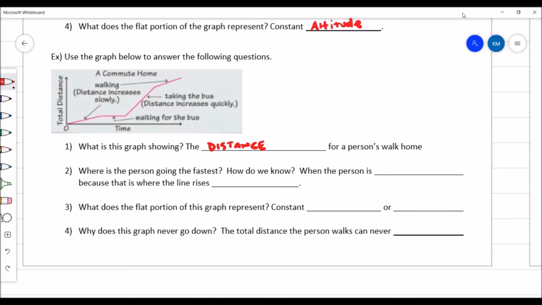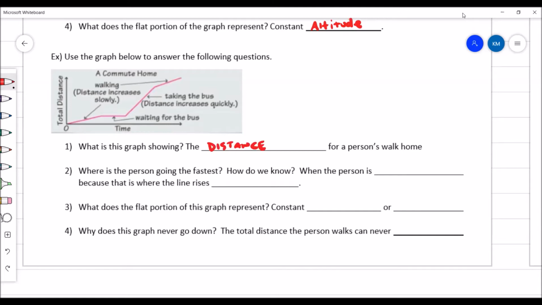Okay, so as we look at this graph, again, it's not really measuring speed. So we can't just say it's going the fastest based off of like the highest point, but we can get speed by the slope of this line. Okay, so here the person's walking, okay, and here the person's taking the bus. Okay, and so we can see here that this distance is increasing a lot faster when the person's taking the bus than when the person's walking.